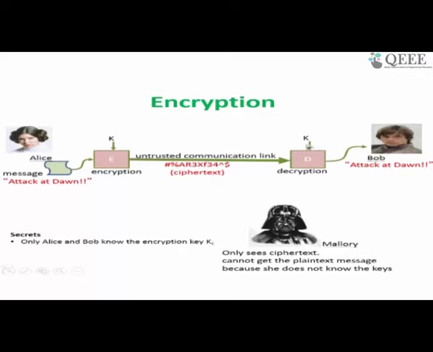On the other side, Bob, who has knowledge about the secret key K, would pass the ciphertext through the decryptor to get back the original message that Alice had sent. And any third party or attacker or any other person who does not have knowledge of the secret K will only see the ciphertext, which looks totally random, and would gain no information about what Alice had sent.